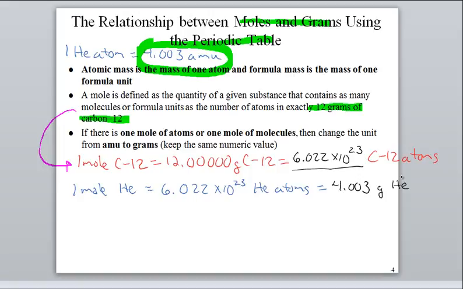So 1 helium atom is 4.003 AMU, which is tiny. If I have 1 mole quantity, it's the same number, but grams. So 1 mole of helium is 4.003 grams. This is true if I had a molecule or a compound. If I had 1 H2O molecule, what's its mass? Well, it's about 18.01 AMU.